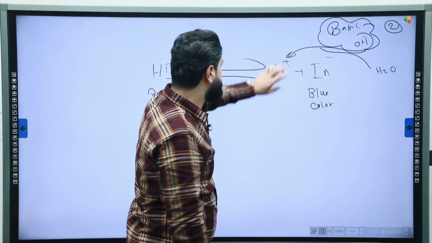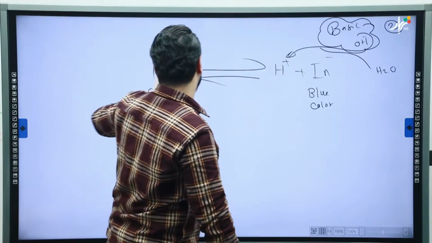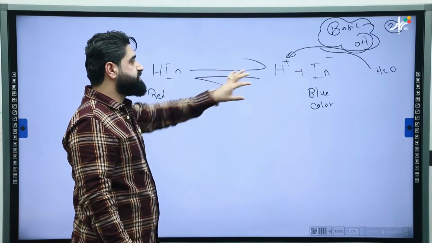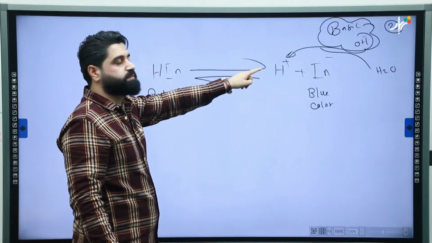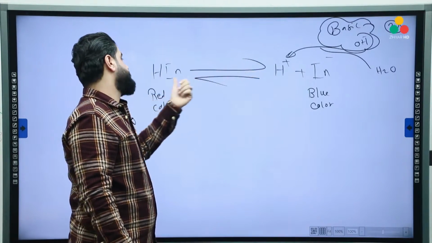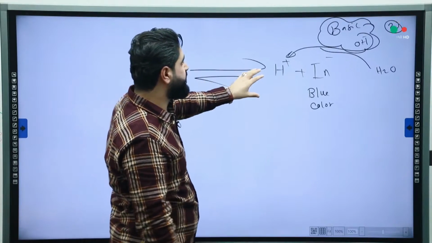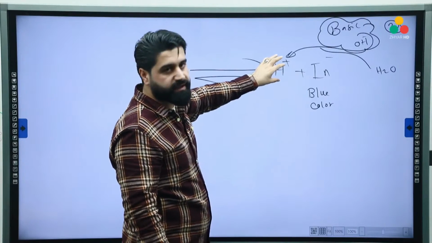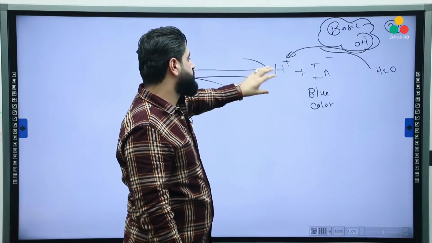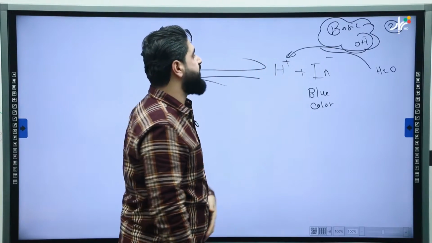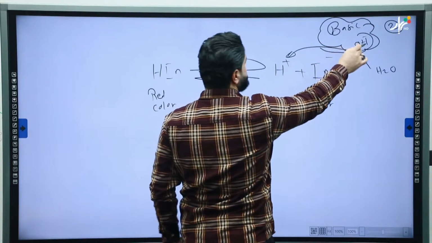So now there will be a lack of H plus. HIn looks around and sees there is no H plus, and it will dissociate to offset the lost amount of H plus that reacted with the OH provided by the base.